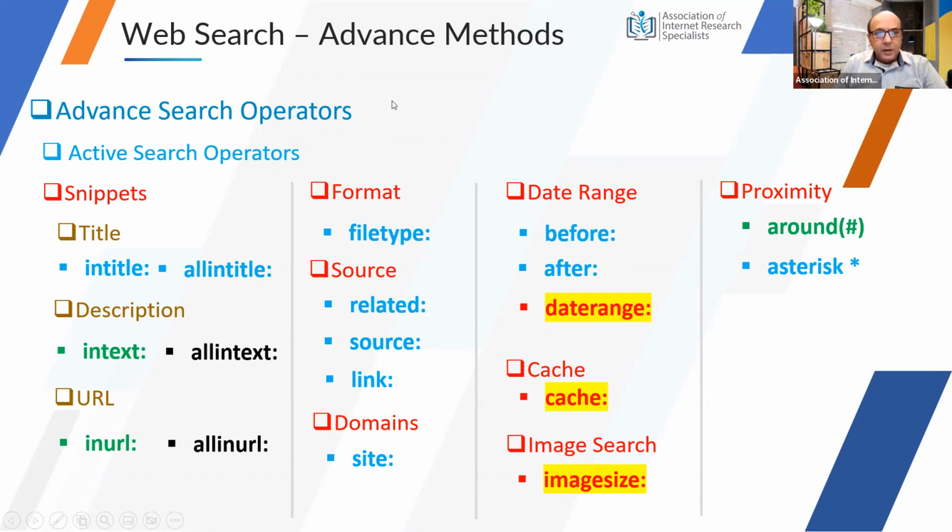Okay. Now we have a description here. Basically these are categorized, with the tabs that you see putting them inside of a category. We have a category we call snippets.